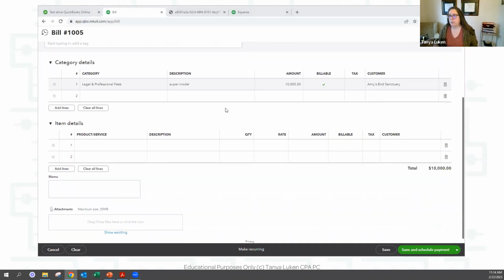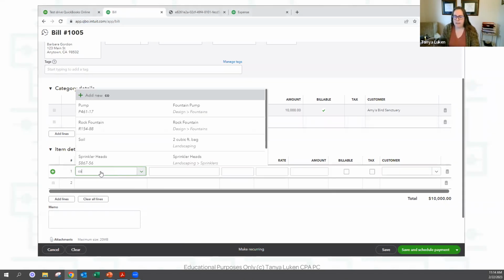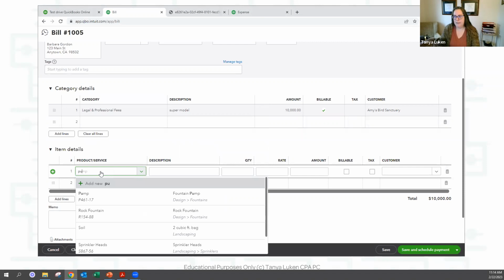So yes, about the billable checkmark, we'll explain that again. There are a couple of things that I want to differentiate. If you're buying something that you're reselling, you would use an item. Let's say that we're buying a pump.